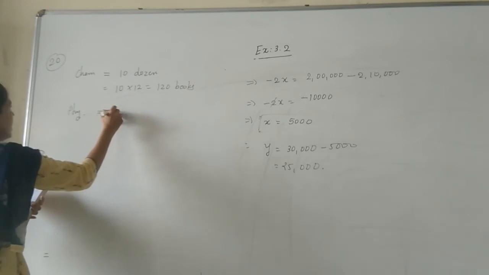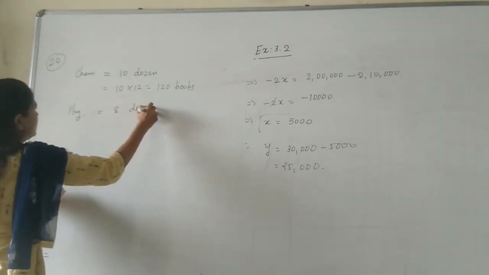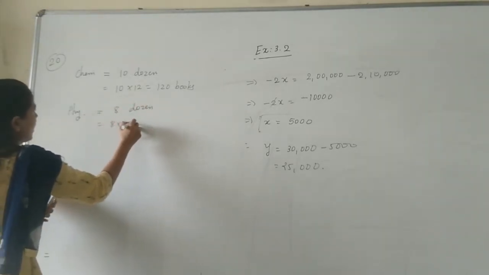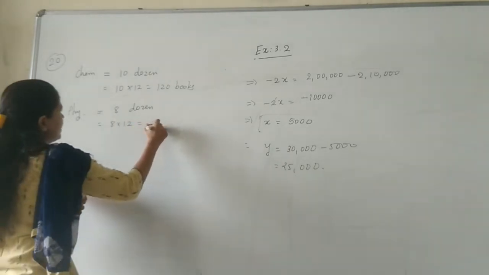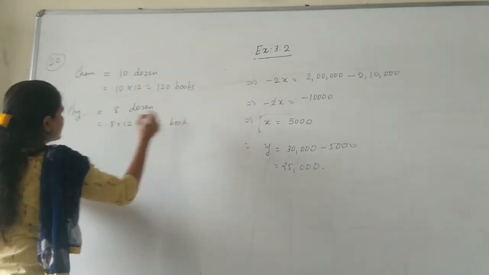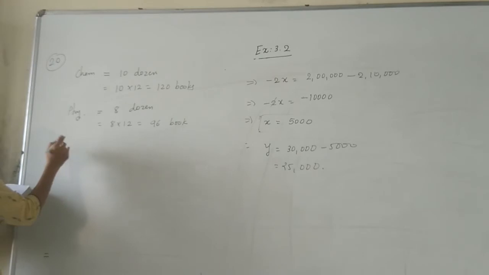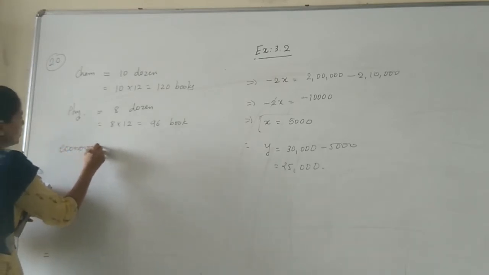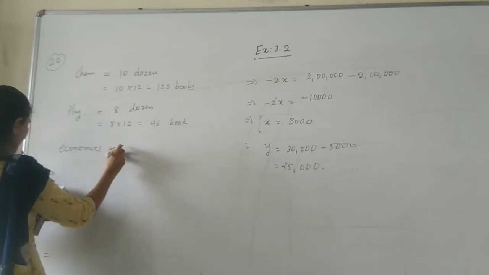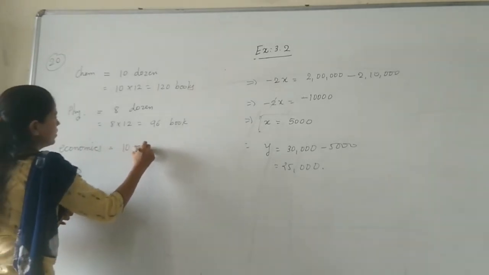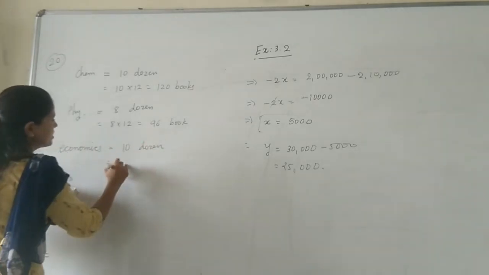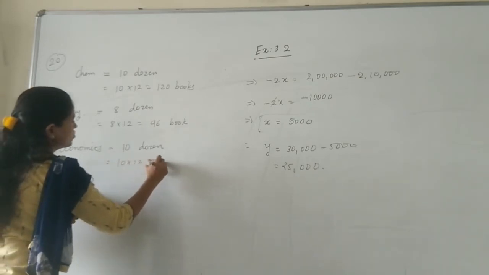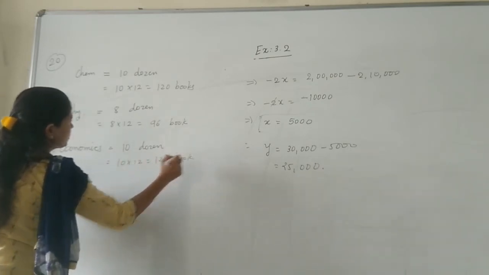It is 8 dozen, so this is 8 into 12, so 96 books of physics. And third is economics. How many books do they have? 10 dozen, so this is 10 into 12, that is 120 books.